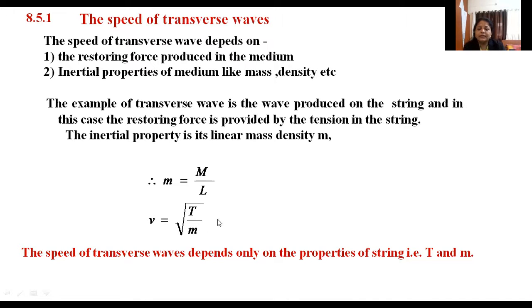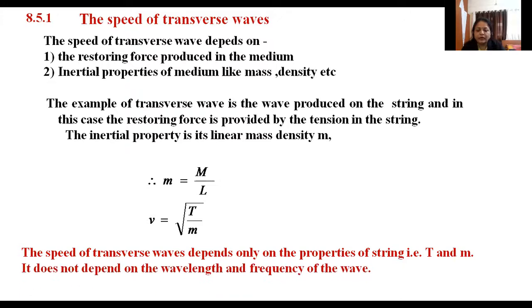Now see this, from this equation or from this derivation we can conclude that the speed of transverse wave depends only on the properties of string, that is T and M, and does not depend upon the wavelength and frequency of the wave. या इक्वेशन वरून आपल्याला असं दिसून येतं की the speed of transverse wave कशावरती डिपेंड आहे? इट इज टोटली डिपेंड अपॉन द स्ट्रिंग प्रॉपर्टीज.